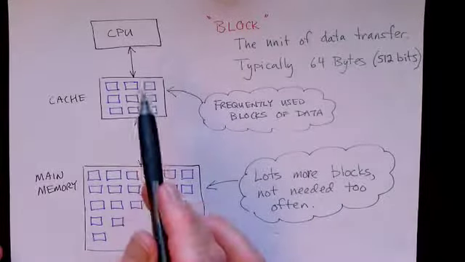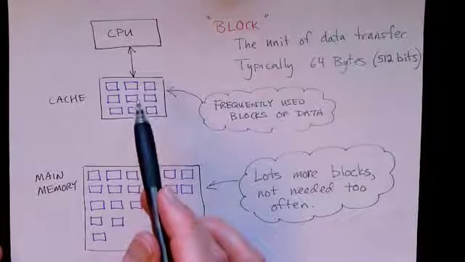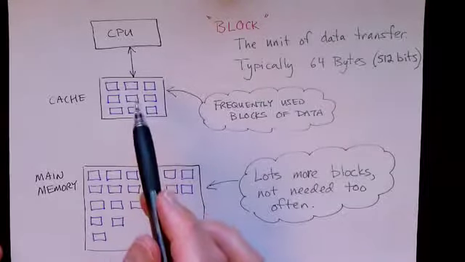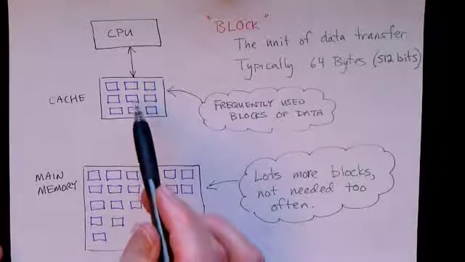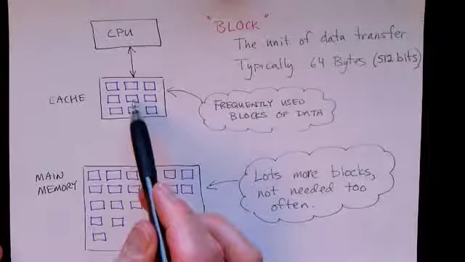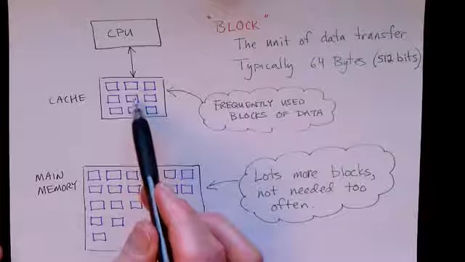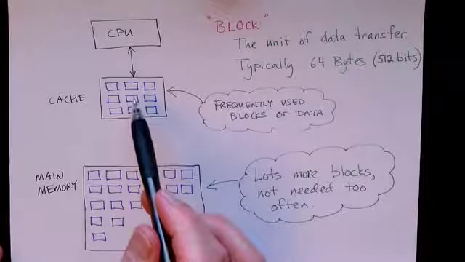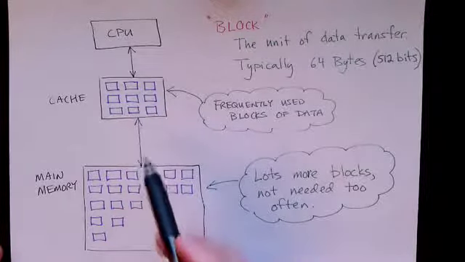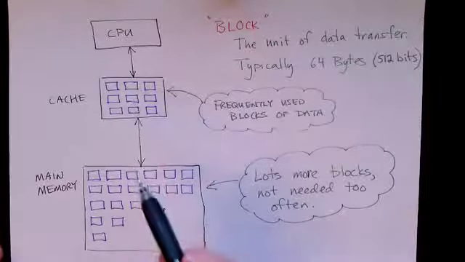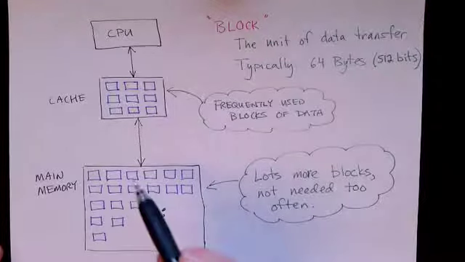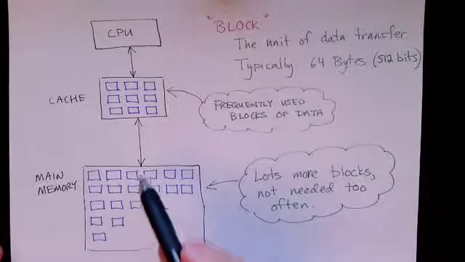If the CPU only wants a small amount of data, for example, 1 byte, then if that byte is located in one of the blocks that are cached, that's great. The cache can return that byte immediately. However, if the CPU wants a byte that is not in the cache, then the cache will go to the main memory and get an entire block.